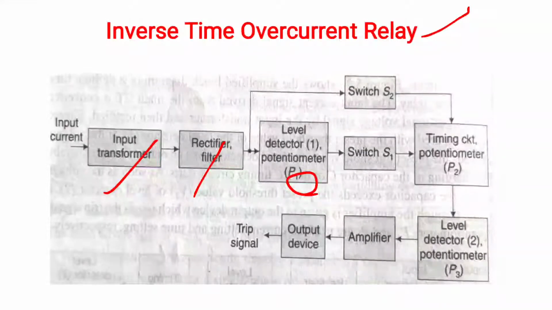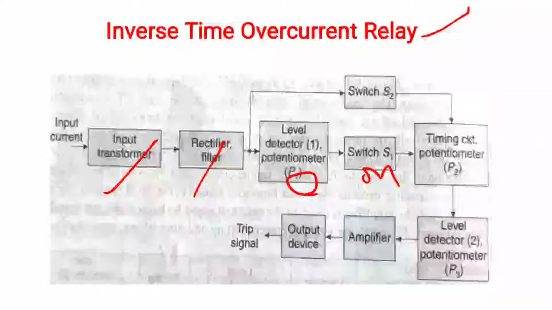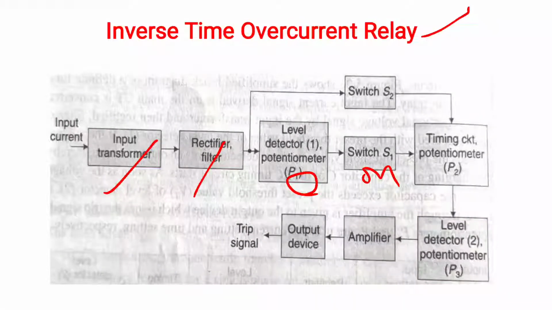Now under the normal condition, when the input current is low, the switch S1 is on, short-circuiting the capacitor C of the RC timing circuit, and switch S2 is off.